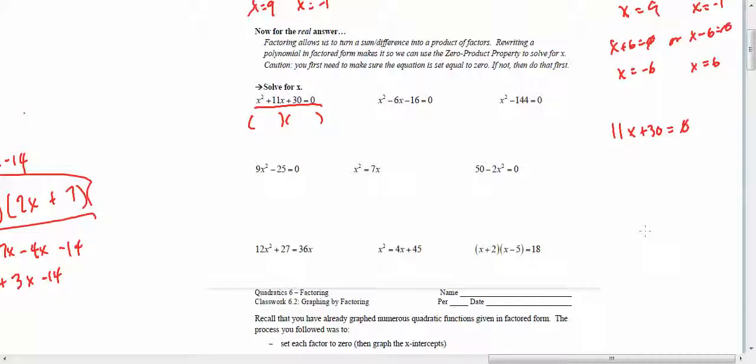Can you get x all by itself using old school algebra techniques you learned in 7th grade? This is not a trick question. You subtract 30 from both sides. You guys give up way too easy. 11x equals negative 30. X is being multiplied by the 11, so I need to get rid of the 11 by dividing. So just divide by 11. So x is equal to negative 30 over 11, right?